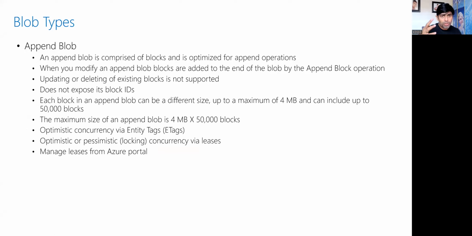So append blob is also max 4 MB block size. In block blob, it is 100 MB. Here also blocks only, same concept. Append blob max block size is 4 MB, block blob 100 MB, page blob is 512 byte aligned. So append blob is 4 MB, into 50,000 blocks.